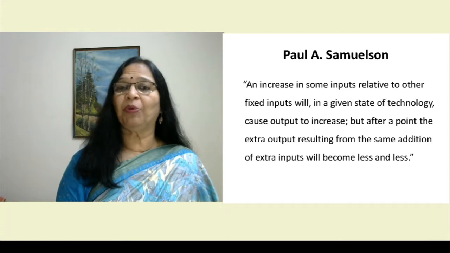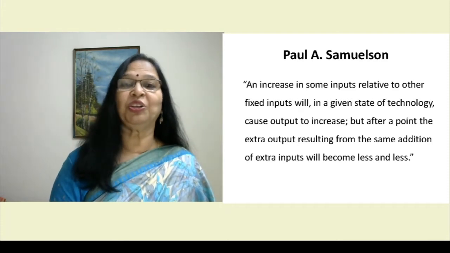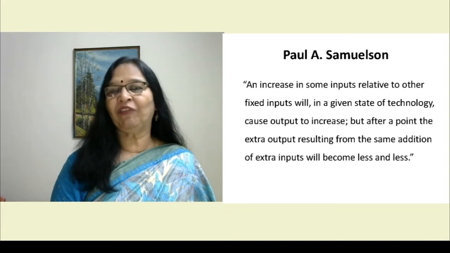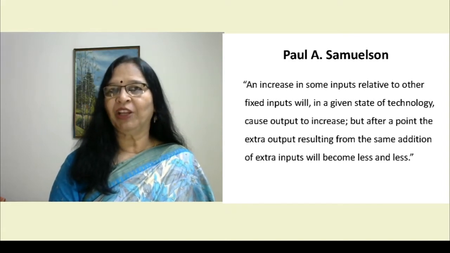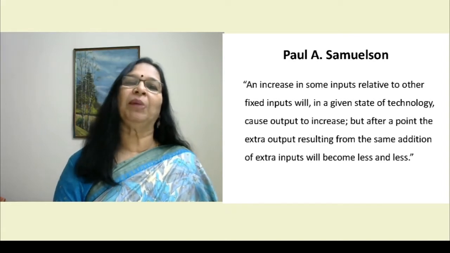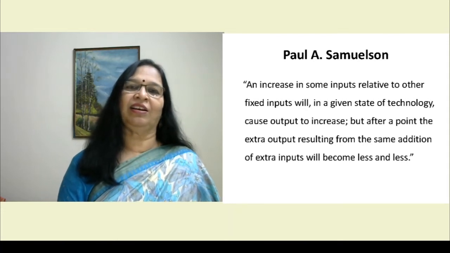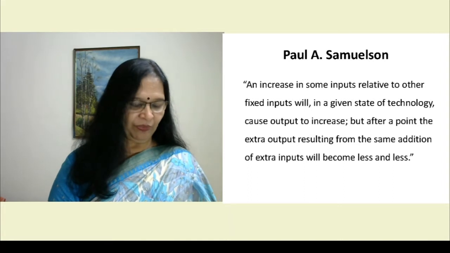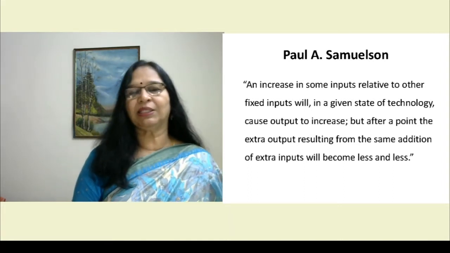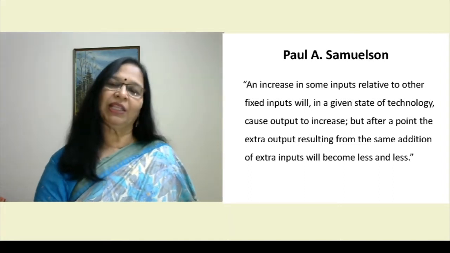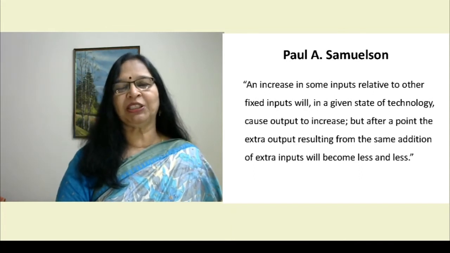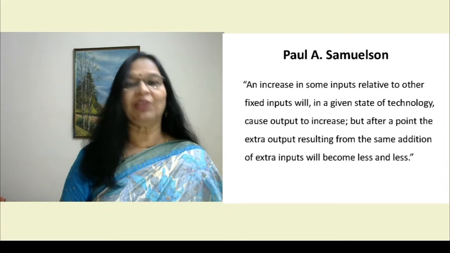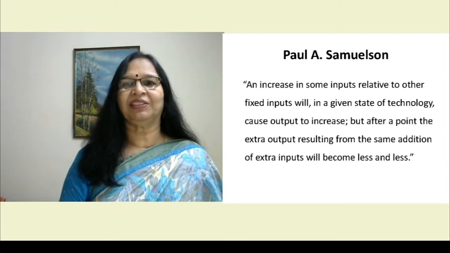But after a point, this output cannot continue to increase, and from there on, any additional input that we give on a fixed input will actually bring less and less returns. So this is what Paul Samuelson had to explain about the law. Now you may wonder, the same thing that I have explained in the law of diminishing marginal return is what I'm explaining here. Now let us see why we use this statement again.